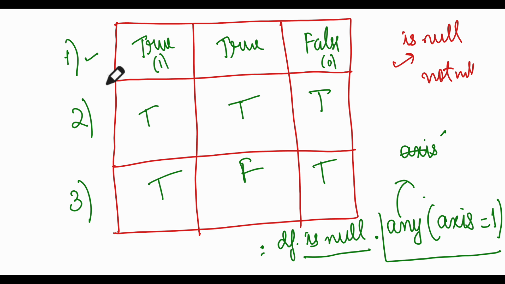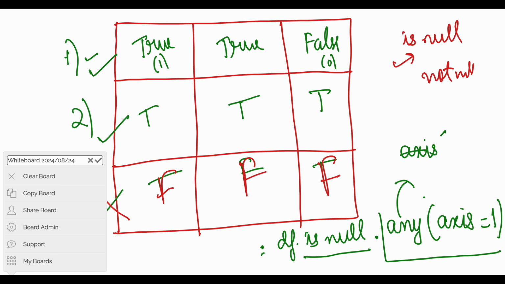In this, it will return this row. It has no false value, it is all true, so it will return this as well, and this as well. If there were a row which only had false, false, false, that is no null value, it would not have returned that row.